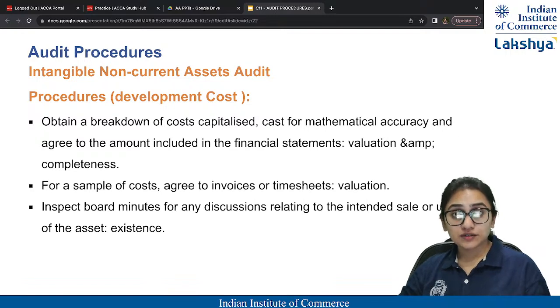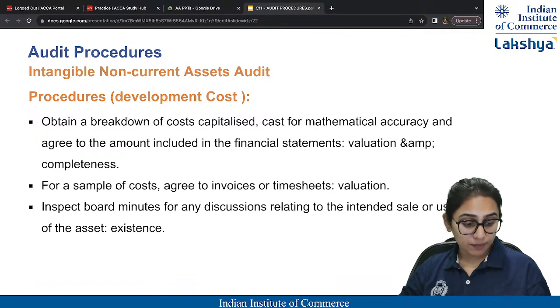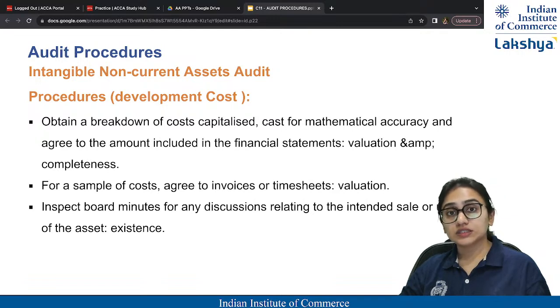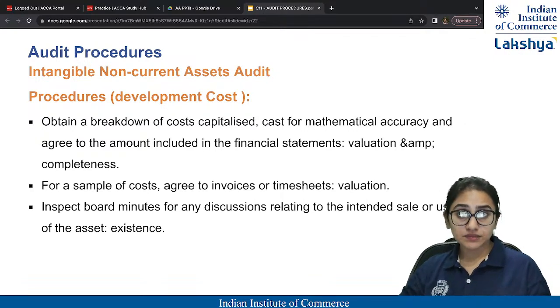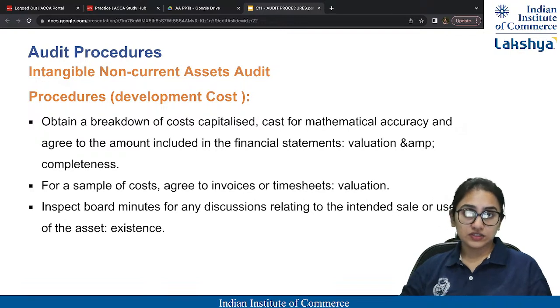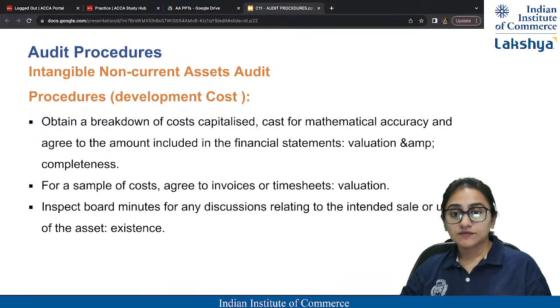Then you will actually confirm if the entire cost is for development or part of it is a research cost. Okay, basically you will split the cost between research and development, because development cost is to be capitalized, but research cost is to be expensed in the P&L. So you will do that. You will obtain a breakdown of the cost capitalized and you will split it between development and research. Then for a sample of cost, agree to invoices or timesheets.